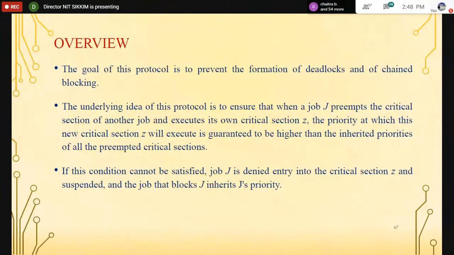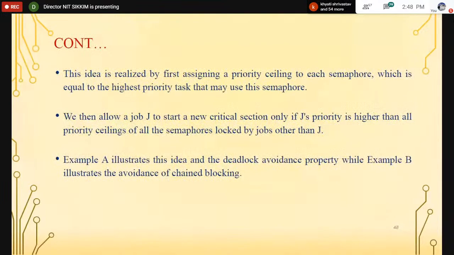If this condition cannot be satisfied, the job is denied entry into the critical section and suspended. The job that blocks J inherits J's priority. So now we are talking about a lower priority task in the critical section that blocks the high priority task.